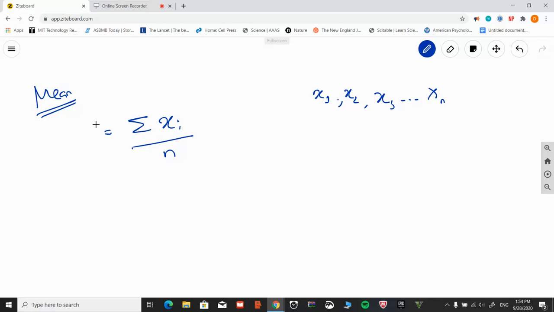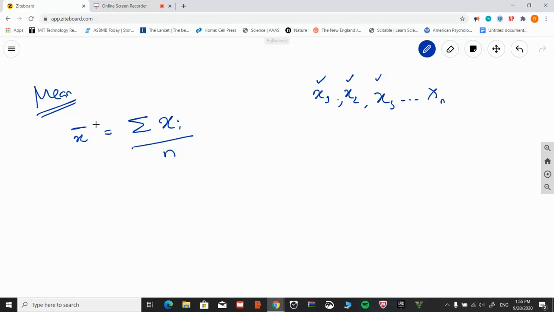So let's say you have these many values in your data set. All right. So you add x number 1, you add x number 2 and x number 3, and put it all in here in the summation part. This is summation. This means addition of all the values. And this gives you what we call the mean of x. This is x bar. X bar means the mean of the data set with x values.